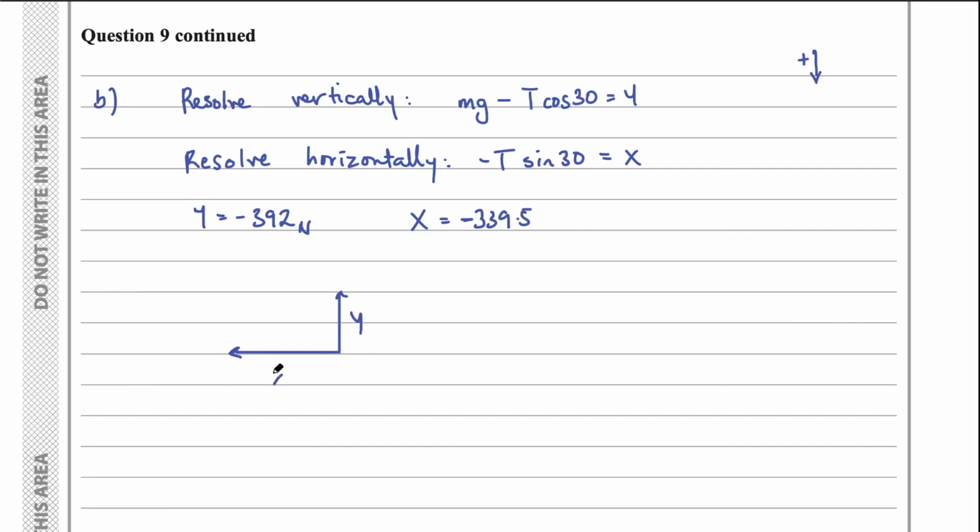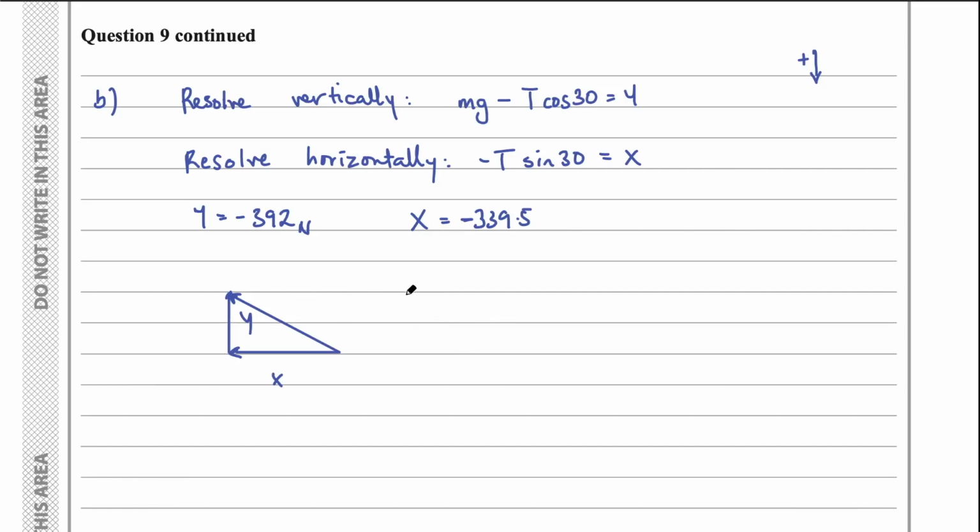So this is Y, this is X. I should actually draw that slightly differently so it makes a bit more sense. So the Y force would be over there, then it makes a bit more sense. So then the net force acting on the rod towards the wall would be in this direction. The other force is pushing against the wall. So the forces pushing back from the wall would be in opposition to those.